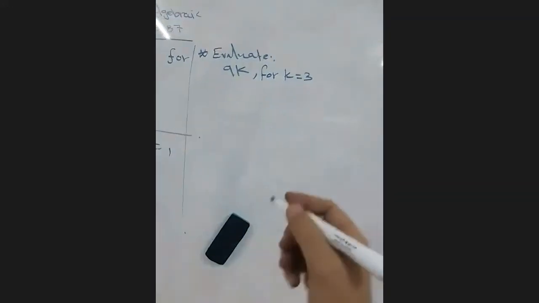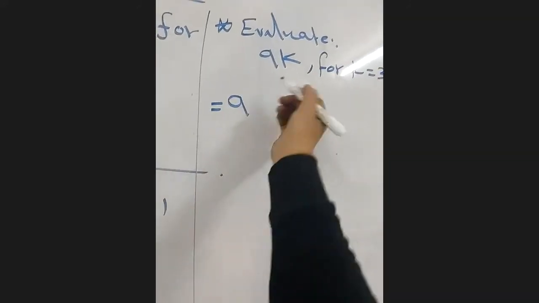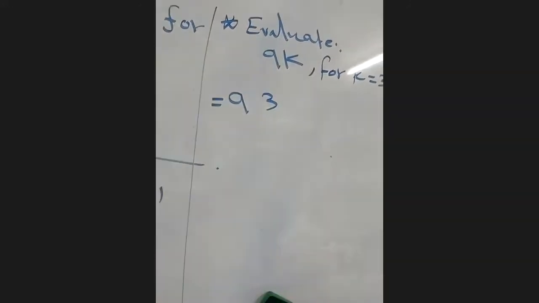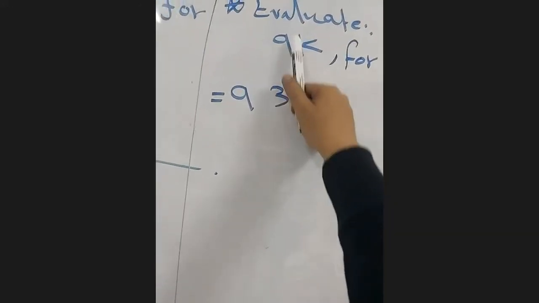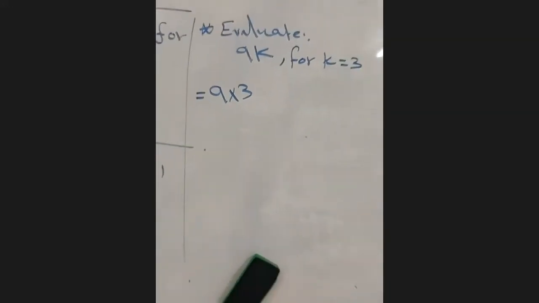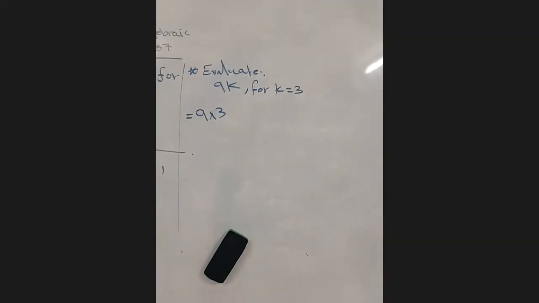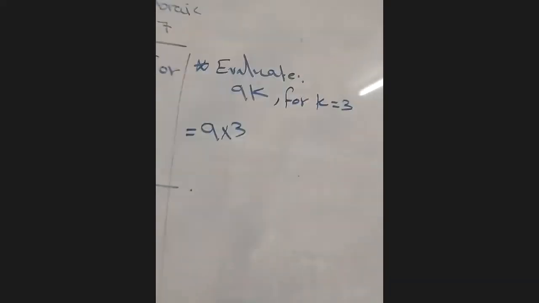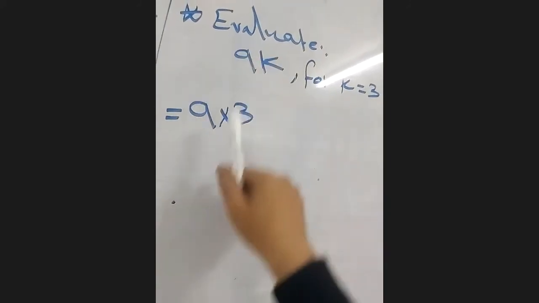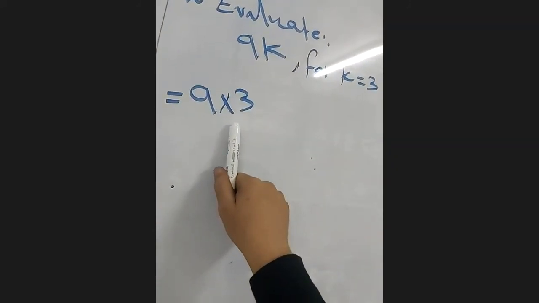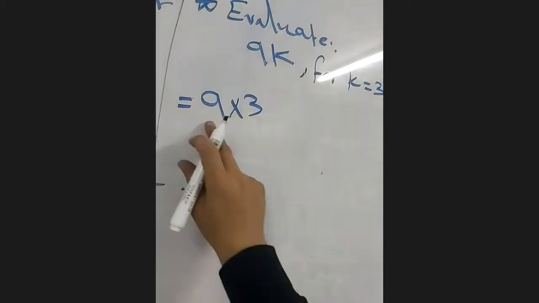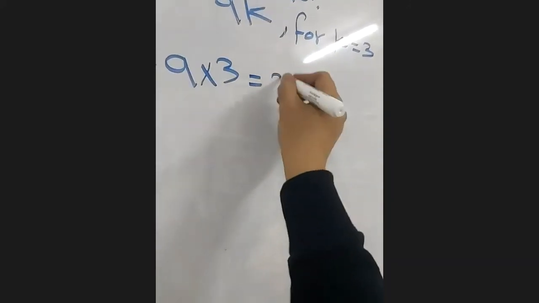So 9k equal 9, and I will replace k with a 3. This is wrong. 9k means 9 multiply 3. So I need to add the multiplication sign to write it. The multiplication sign is not written in the algebraic expression, but here we need to write it because we are now in numerical expressions. Now 9 times 3 is 27.